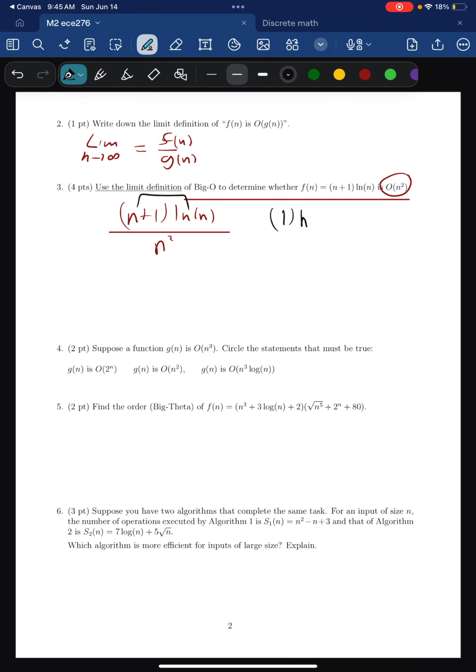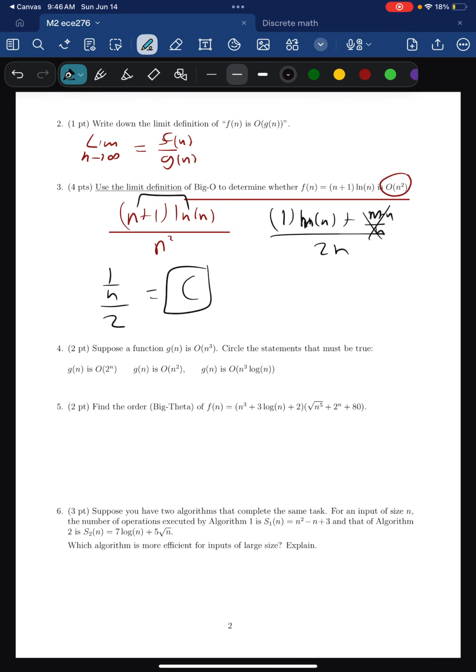You get 1 times ln n plus n plus 1 over n, and then you get 2n. So this cancels out on the next one. You get 1 over n over 2. And now you should get a constant after all this.